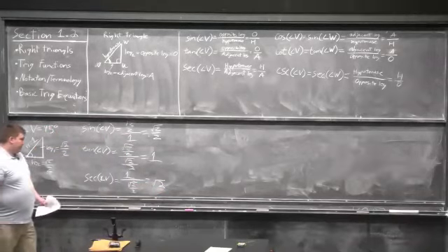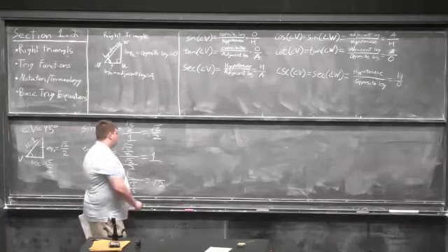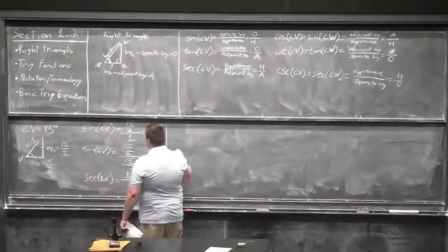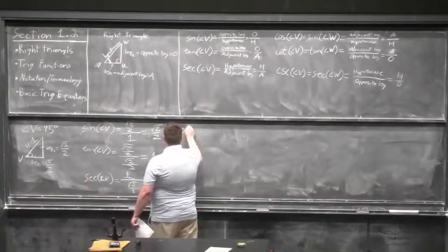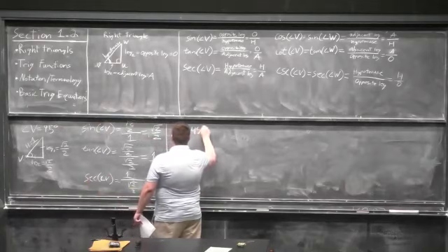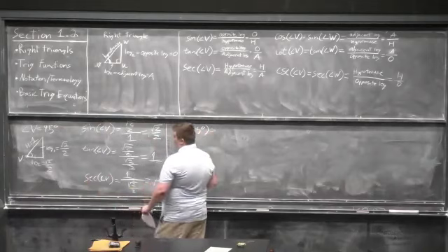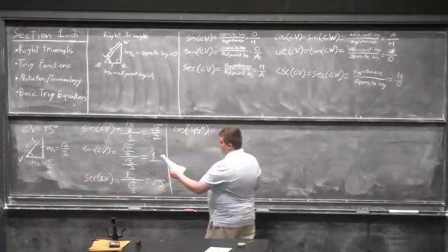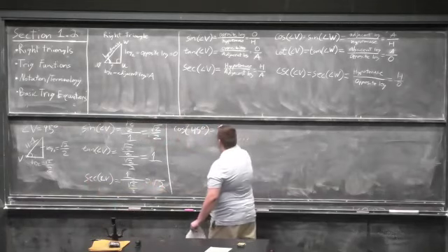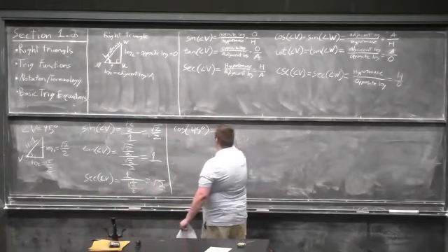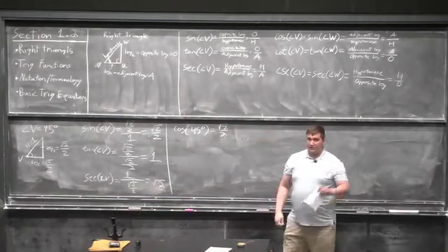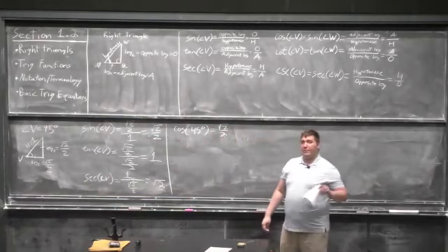Okay. Cosine of 45 degrees, which is our angle V. That's going to be our adjacent over hypotenuse. And we get square root 2 over 2 again, because we have square root 2 over 2 divided by 1.